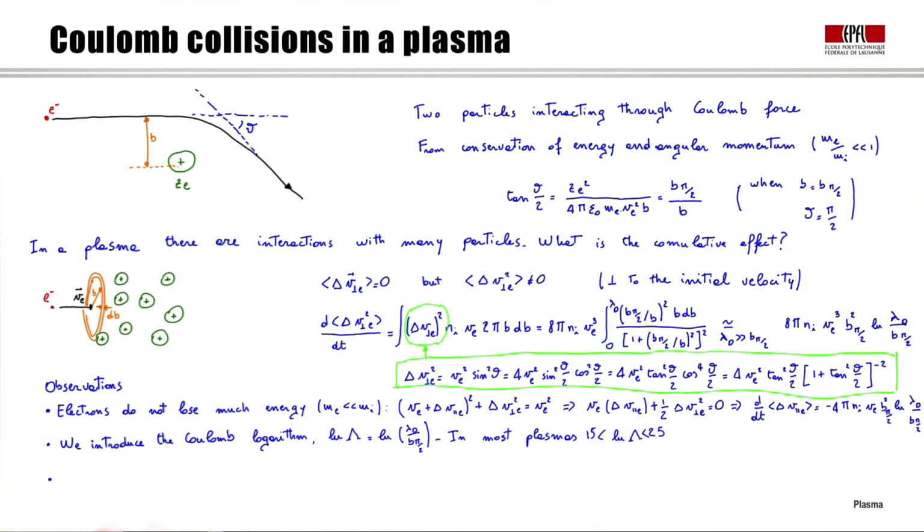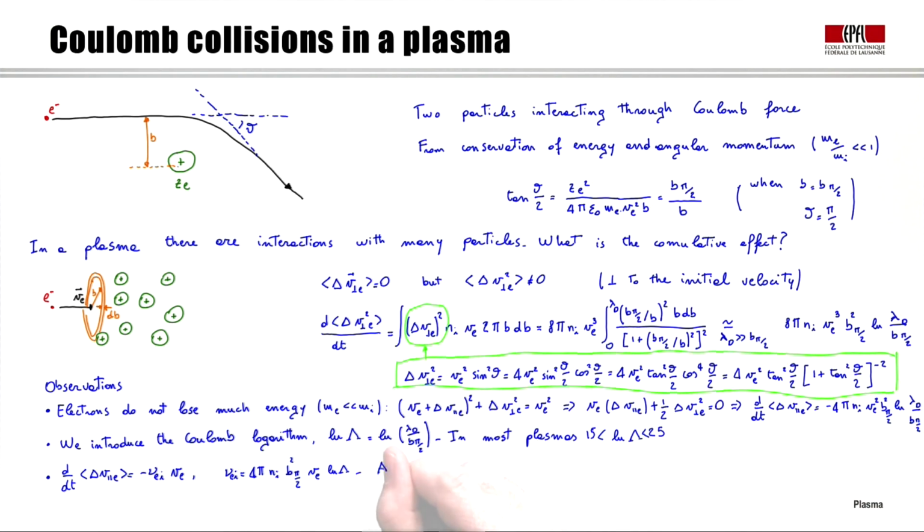The third observation is related to what we have just derived. Now, the variation of the parallel energy can be expressed in terms of frequency. That is the collision frequency of the electrons against the ions times the incoming velocity, where this collision frequency of the electrons against the ions is given by the expression that we can derive from here. And I realized that I forgot a squared here.